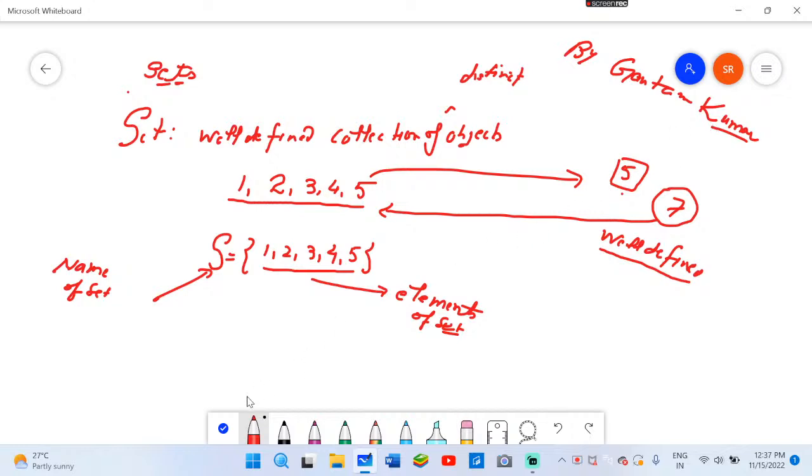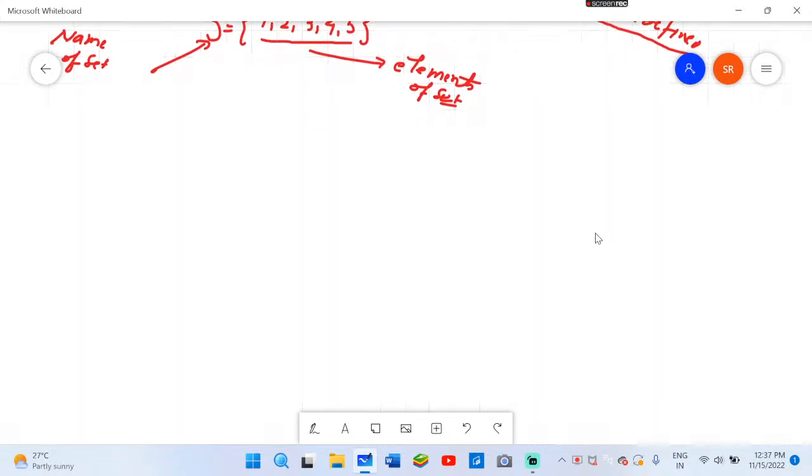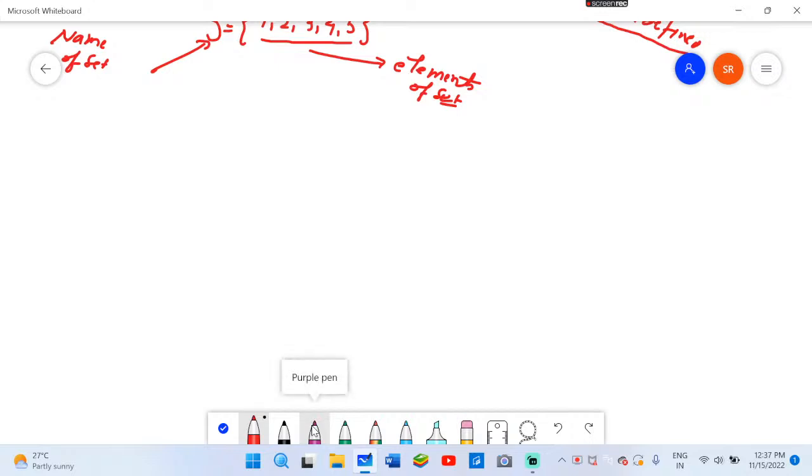So similarly, we can write some other examples of set. Let's write second example: set of natural numbers less than 2.